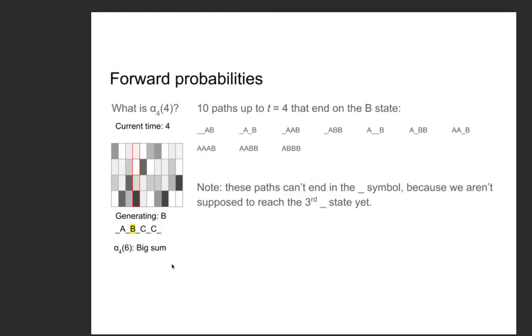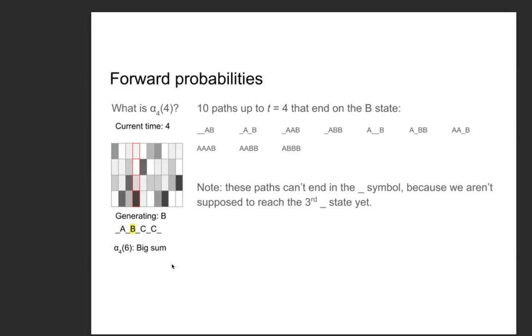And so here we're going to skip directly to time step equals 4. It's going to be a running example for the rest of the slides. So in this case, here's the list of all the different paths that end on the B state at time number 4. If you look at all the different ones I've listed, they have B as the last symbol. And they also satisfy the rule: they always go through the A at least once.